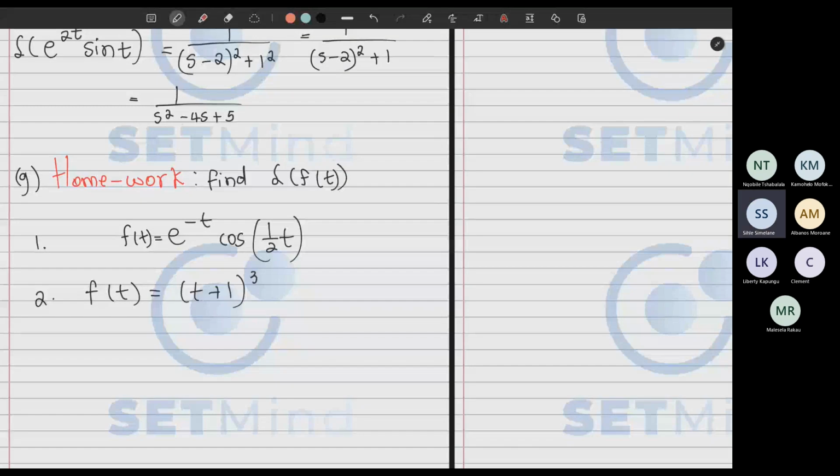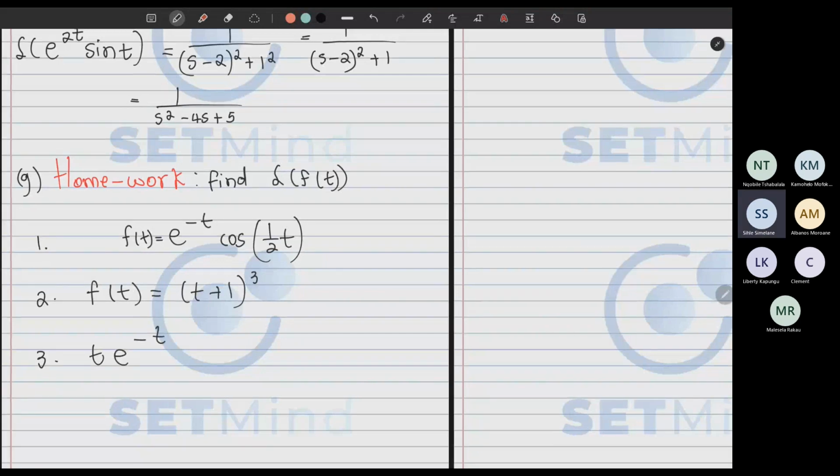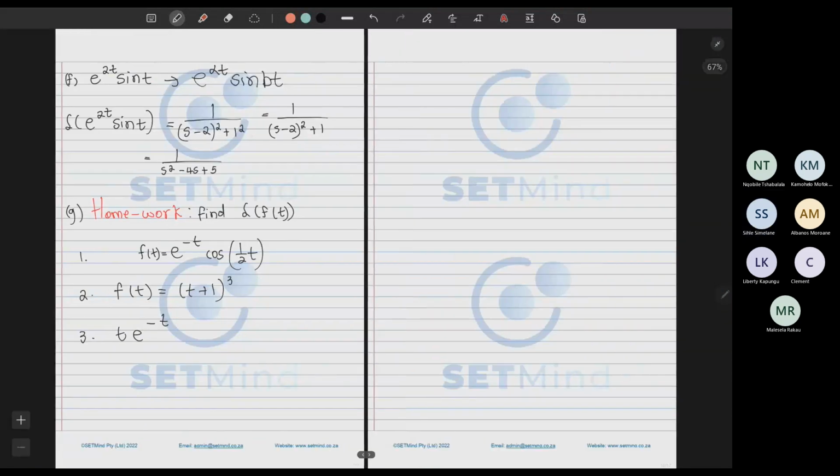Maybe there's a simpler way. So go and figure this out, and let's see what you obtain. Another one which you should do is t times e to the negative t. And number 4, which is the last one, you go and deal with t e to the t sine of t and share these in the group.